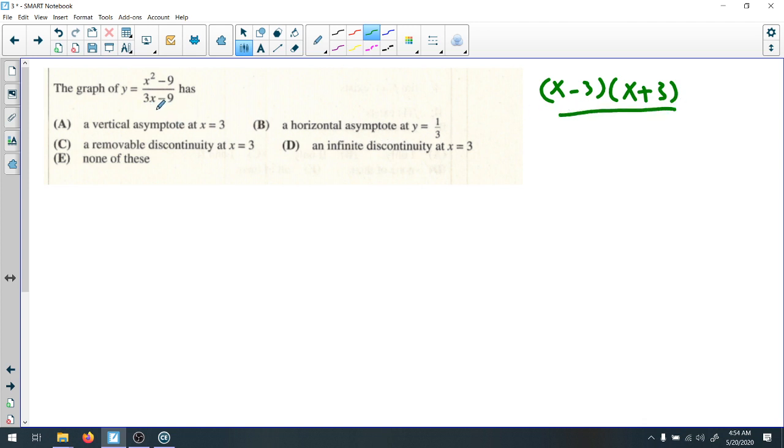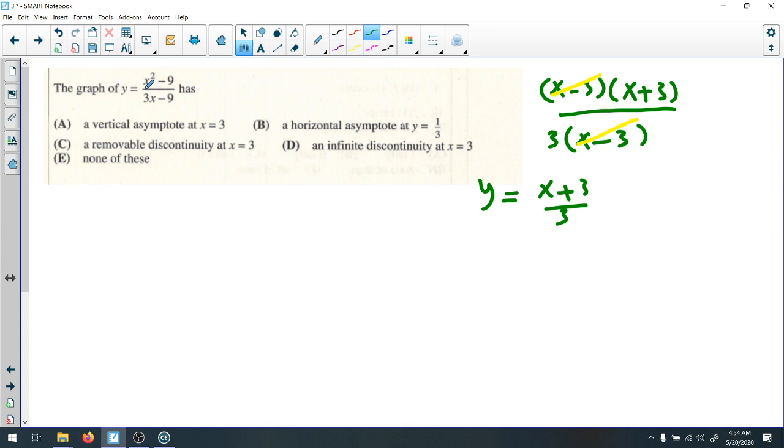And 3x minus 9, you could take 3 outside: 3 times x minus 3. Now we could cancel x minus 3 and x minus 3. So the final function will be x plus 3 over 3.